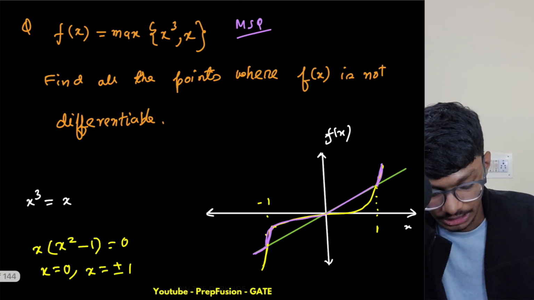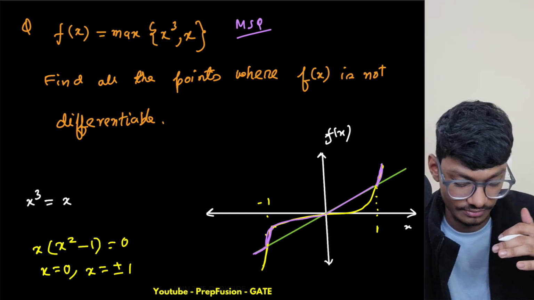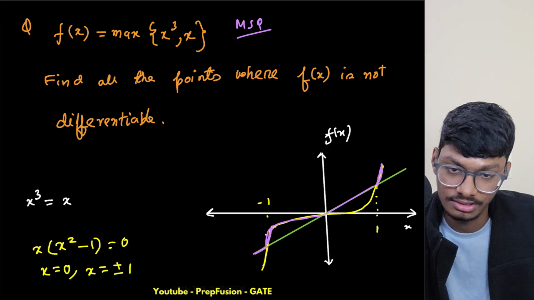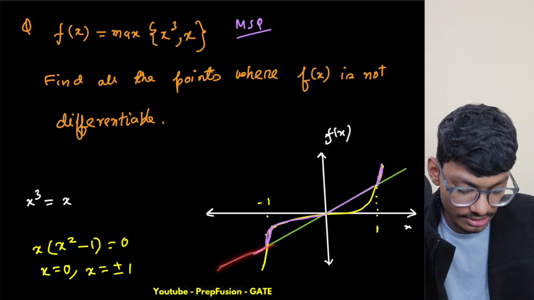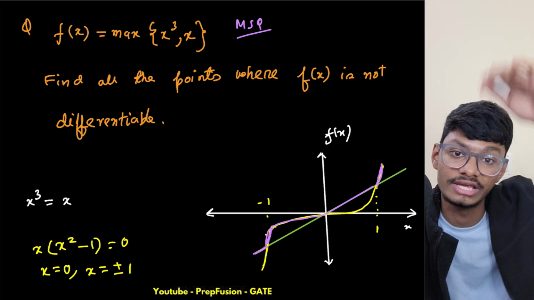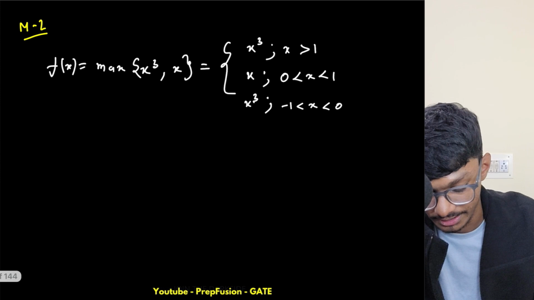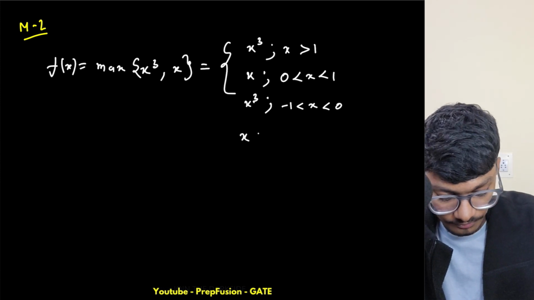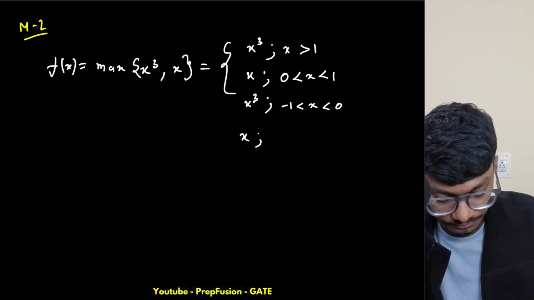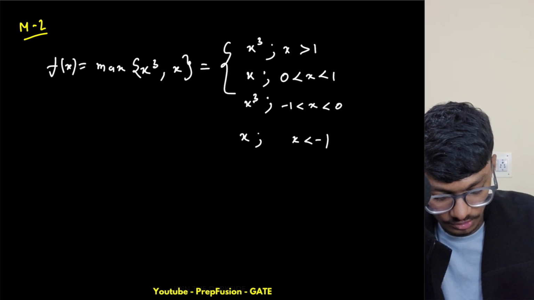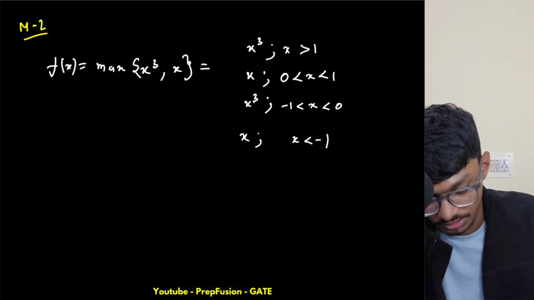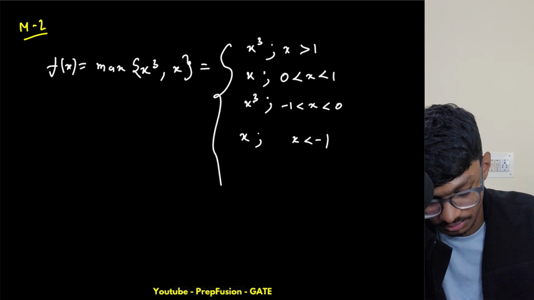Now again what do we observe? When it reduces further, lower than minus 1, again this linear part dominates, the cubic goes even lower, hence this will be equal to x itself when my x is lower than minus 1.